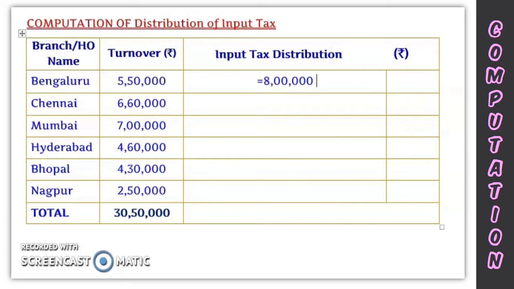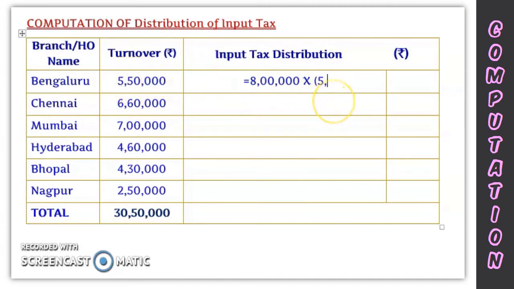We have just seen it is 8 lakh rupees. So this amount has to be distributed in proportion to the turnover made by each of the branch or the head office. So first case, we are taking the case of Bengaluru, which is a head office of Optimus Limited, right? So its turnover value is how much? 5,50,000.